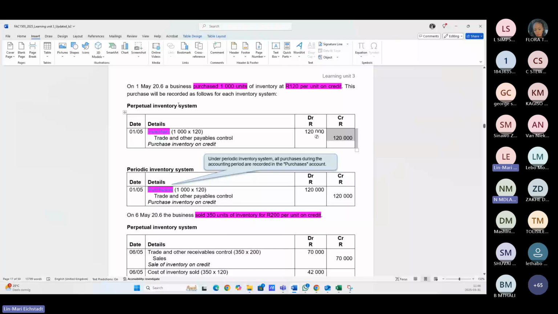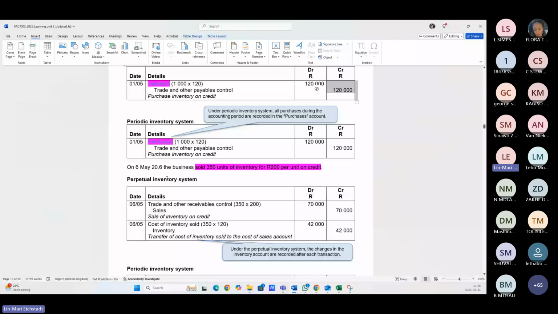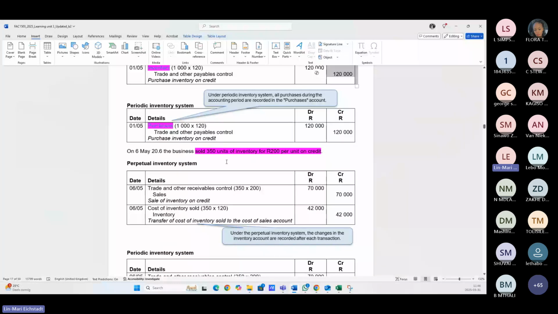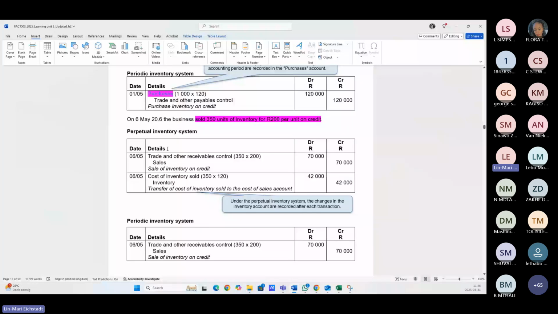Then we have that these units were sold, 350 units of inventory for 200 Rand per unit on credit, right? So again, in our perpetual inventory system, our sales is our 350 units times our 200, increasing our sales, increasing our debtors, and our cost of sales is our 350 times our 120, right?